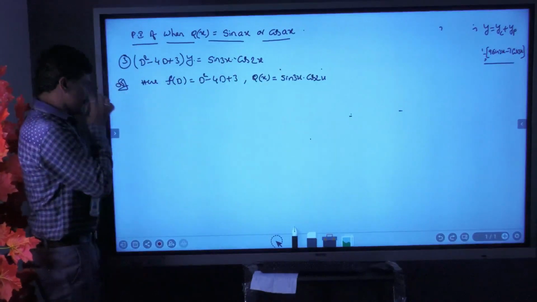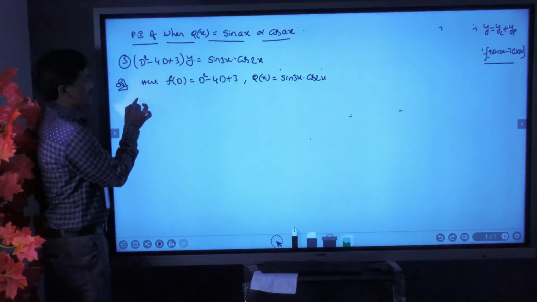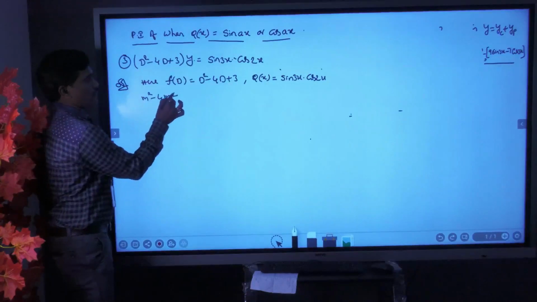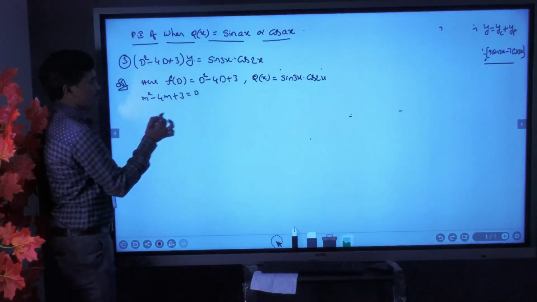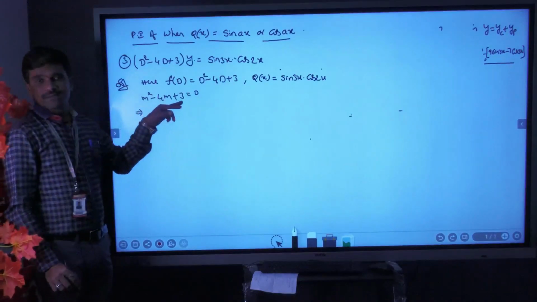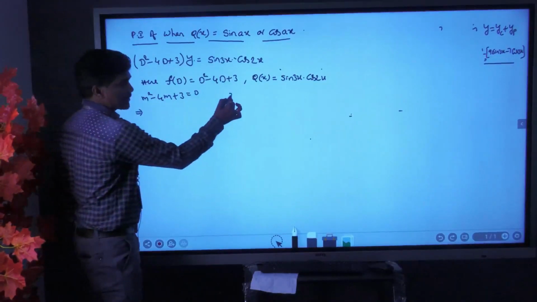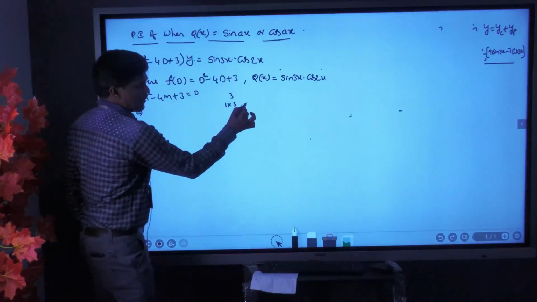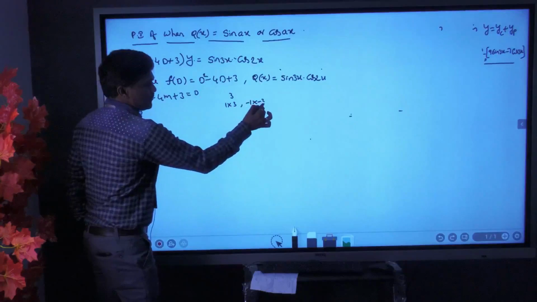So directly write the auxiliary equation, m square minus 4m plus 3 is equal to 0. So what are the factors of 3? This can be written as 1 into 3 or minus 1 into minus 3.